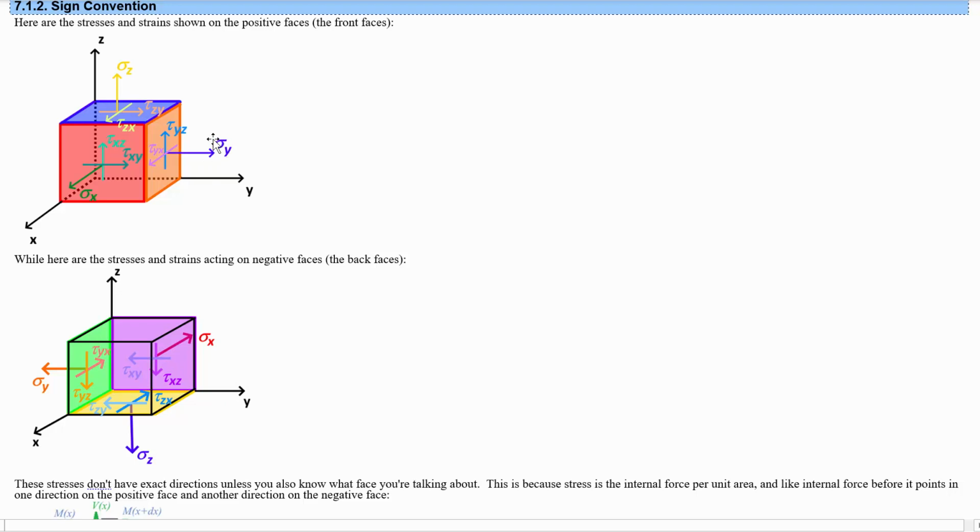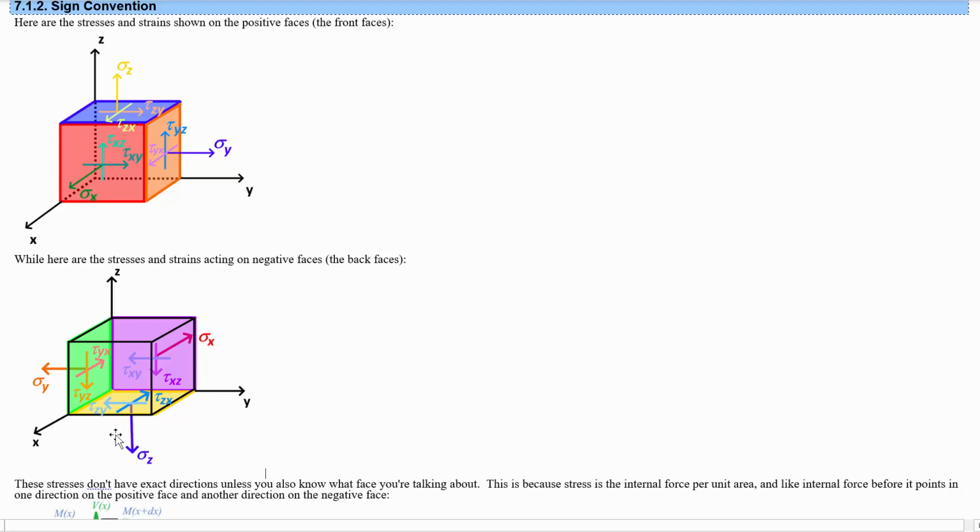Just like with the normal stresses, these could be positive or negative, no problem. We're not going to redraw them or change the default directions. By default, if they're positive, that means they are pointing away from the surface for tension and in for compression. Compression would mean negative stress.